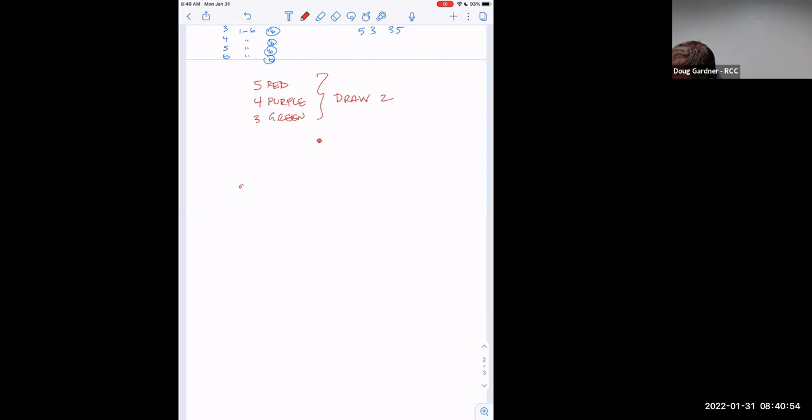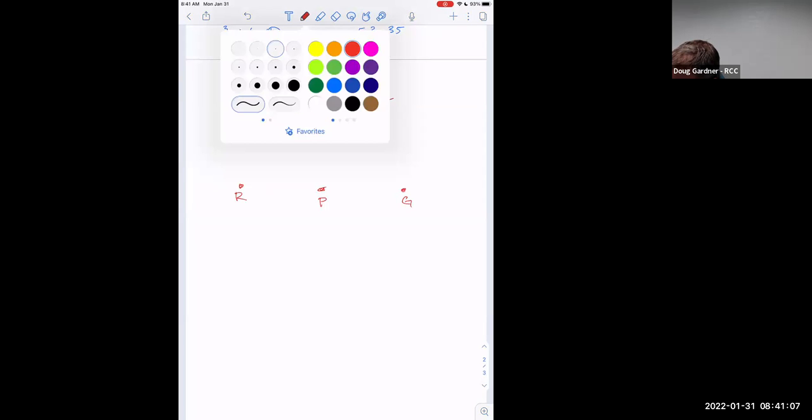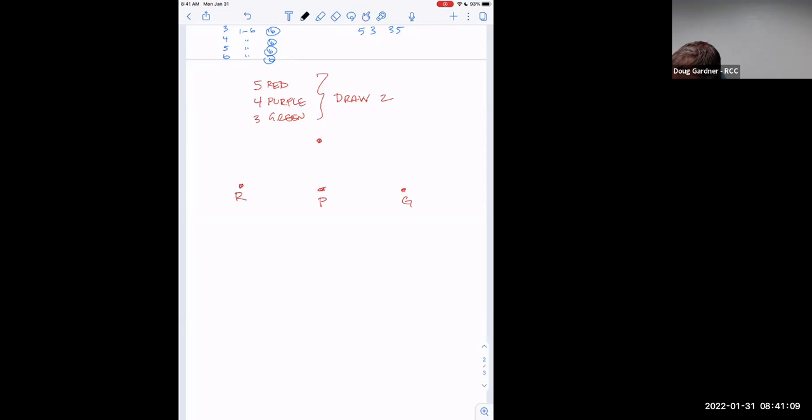Let's see, let's go here. So let's say this is red, this is purple, and this is green. So would you agree? We said this already, but if you just make one draw, then 5 are red out of the 12 that exist.